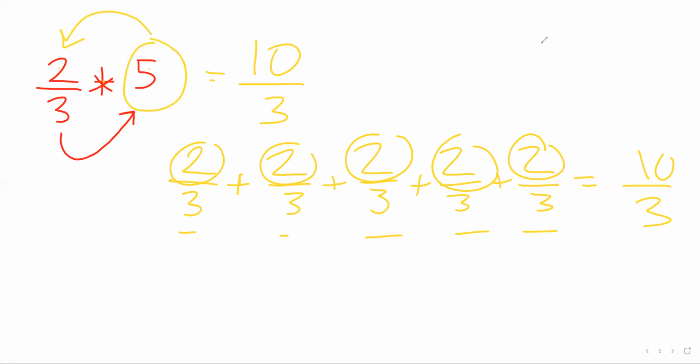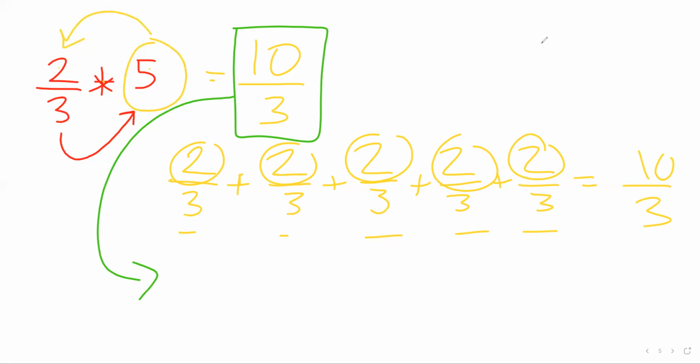But now, as you can see, I end up with 10/3, which just means I have a top heavy fraction. So I do want to convert this into a mixed number, right? This is not an acceptable answer. Now, remember, every fraction is a division problem. So this is literally saying I have 10 and I'm dividing it by 3. Or again, I have 10 pieces, but 3 make the whole. So what's going to come out of that?